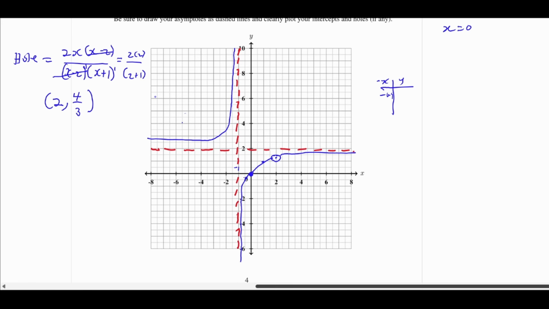Sorry, it should come very close to the horizontal asymptote, and then we'll have something like this, right? So this is the graph of the function f of x equals 2x squared minus 4 all over x squared minus 2x minus 2. This is how the graph should look.